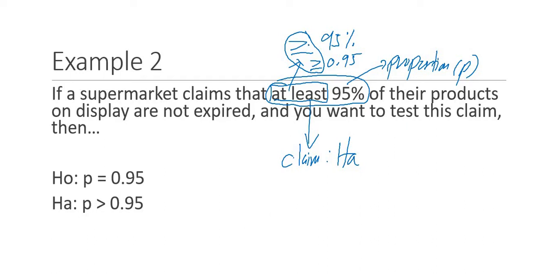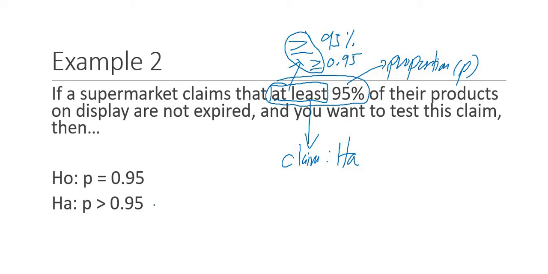However, we might have seen here that it says at least. Why did I write greater than or equal to symbol here? But here, it's just greater than. Take note that the equal sign is already in H0. Therefore, we cannot just simply put a greater than or equal to here because the equal to is already part of H0.